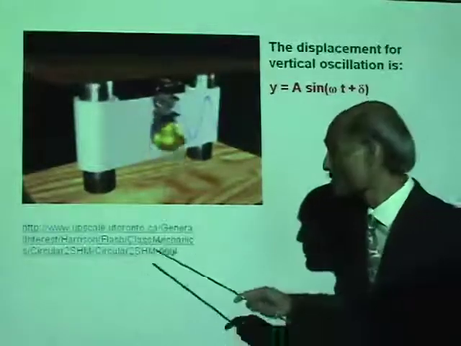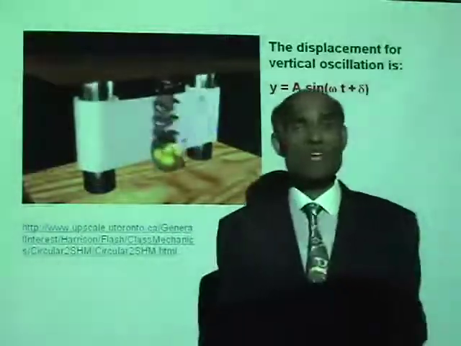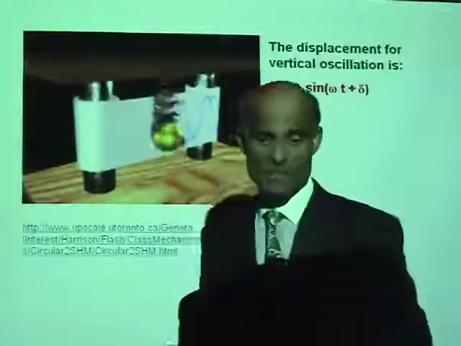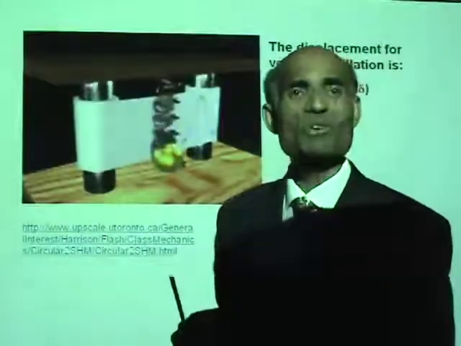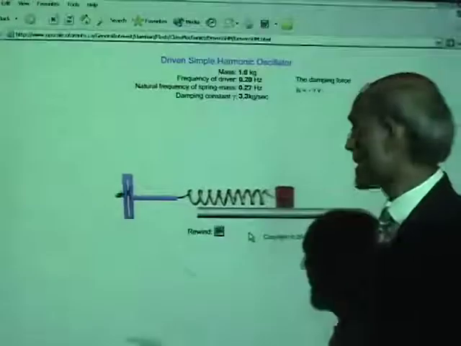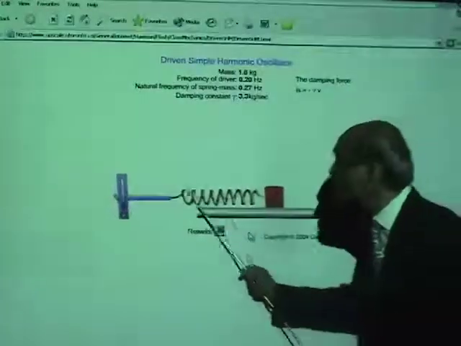You see, an oscillation can also be horizontal. Have you seen a horizontal oscillation? Well, let me see if I can show you a horizontal oscillation. Now look at this oscillation. You can see a spring.